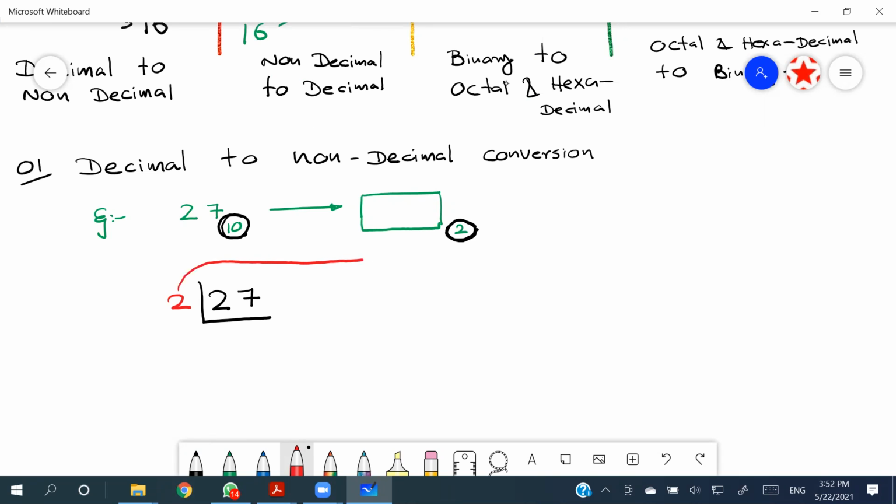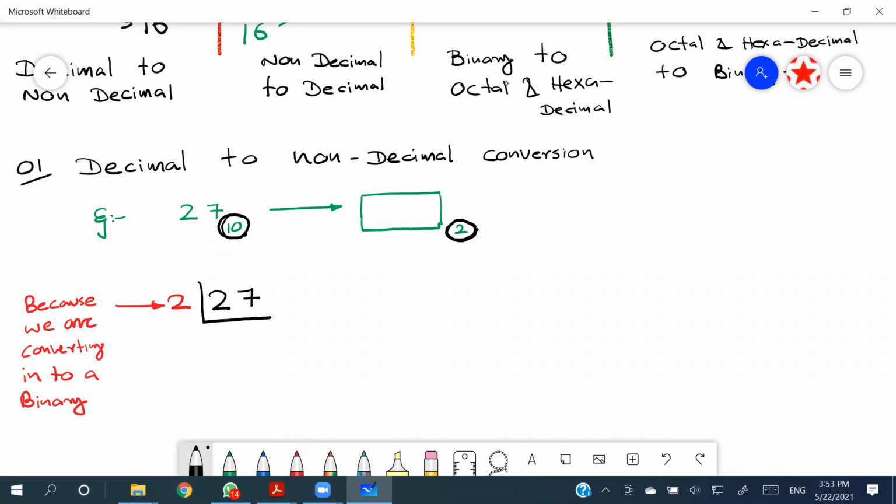It is because we are converting it to a binary value. So you are going to divide this by 2.